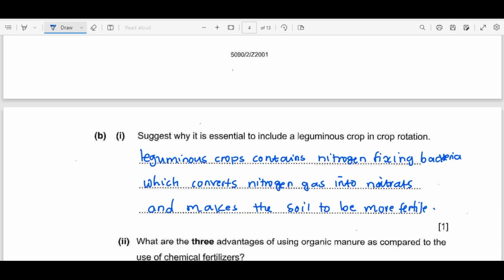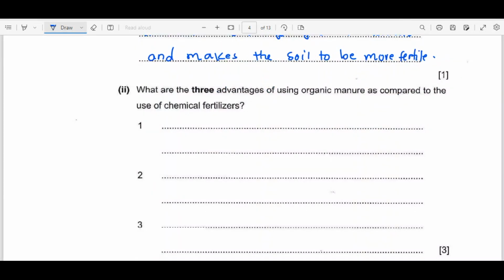So it's all about the retention and retaining of soil fertility. Then we move on to Roman number 3.